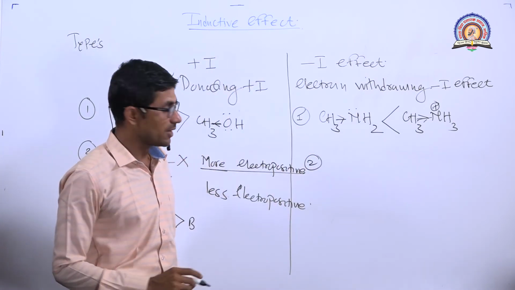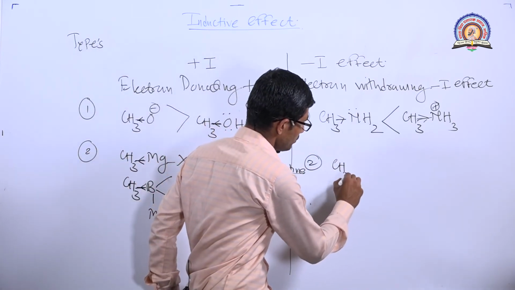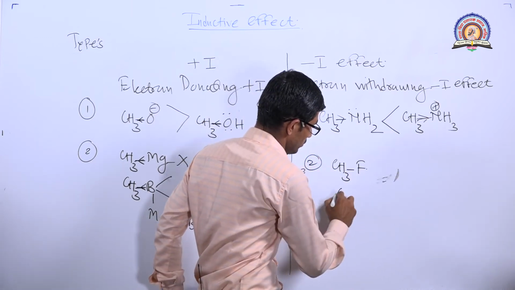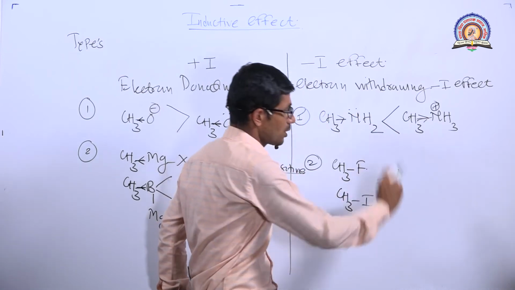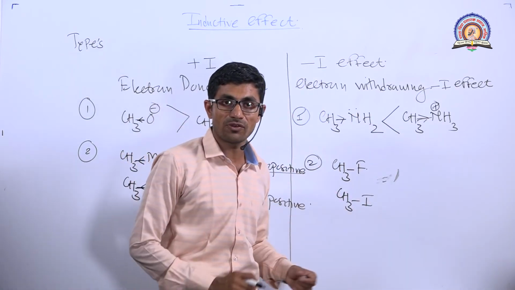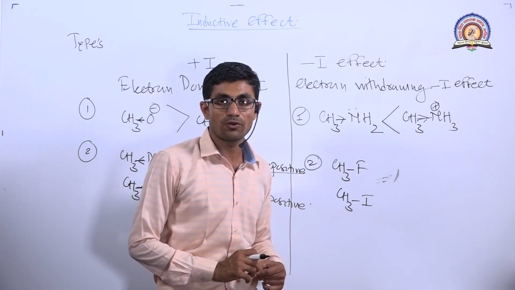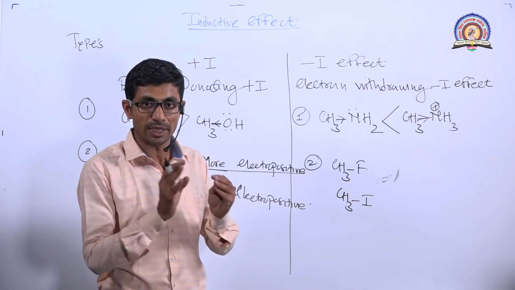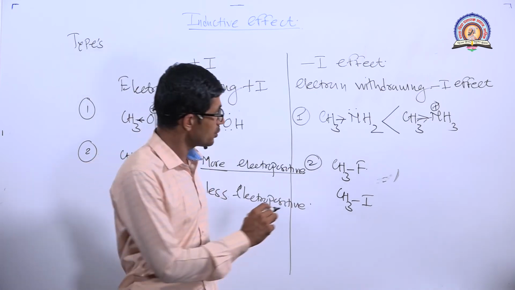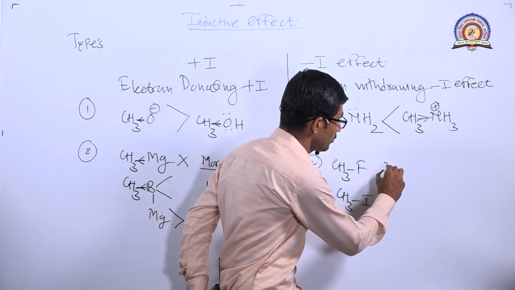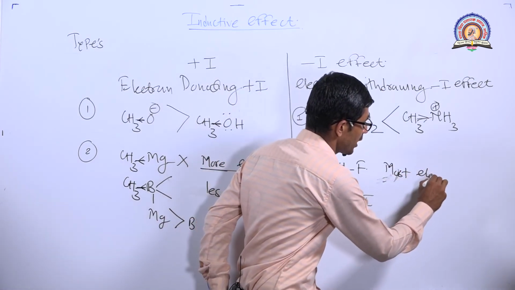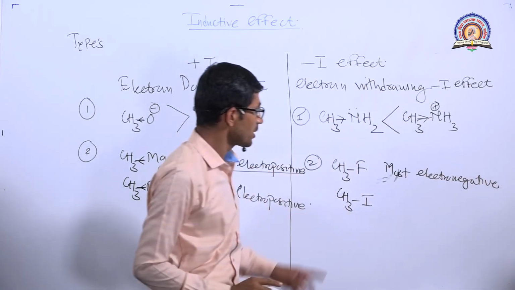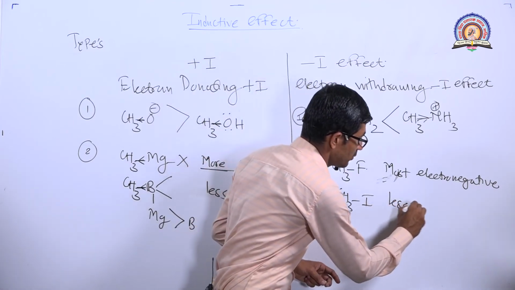In case of minus I effect, consider these two molecules, methyl fluoride and methyl iodide. Fluorine, you know very well, is one of the most electronegative elements in the periodic table. So fluorine is the most electronegative element, and compared with fluorine, iodine is less electronegative.